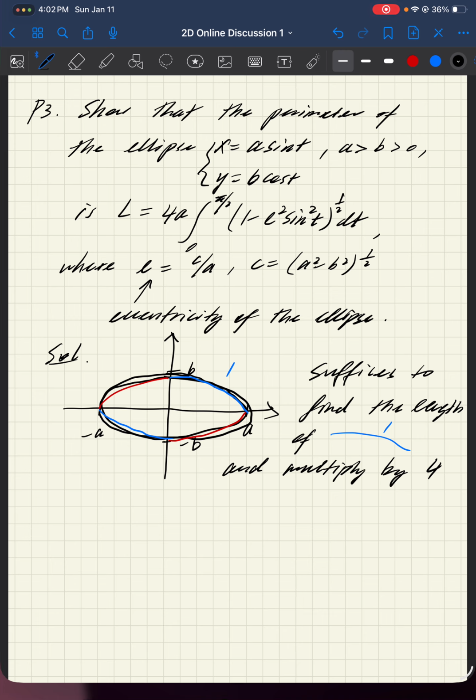So the perimeter of the ellipse is 4 times this blue part. Great. So how do I find the length of this blue part?